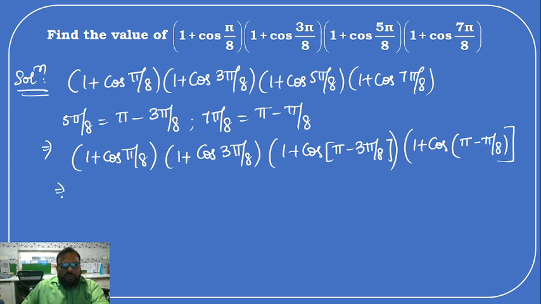You know clearly that cos(π − θ), that is 180 minus θ, comes under the second quadrant and will be negative.